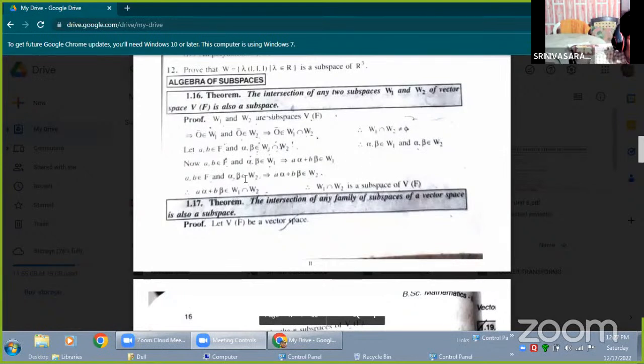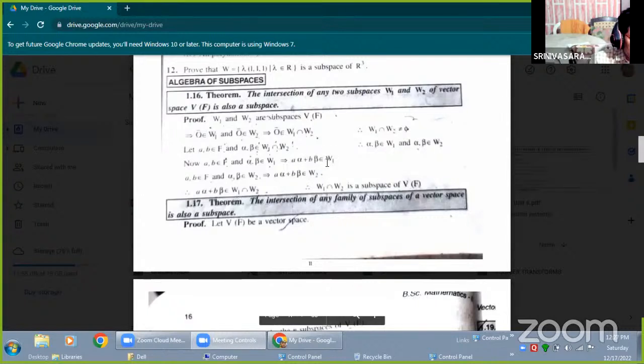Now that is a very simple proof. The field elements are common, but alpha and beta are both elements in W1 and W2. According to the W1 elements, you write the subspace condition, and according to the W2 elements, you write the subspace condition. The same elements are repeated in W1 and W2.